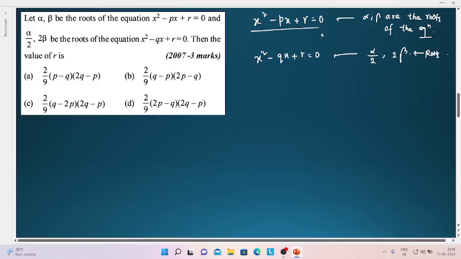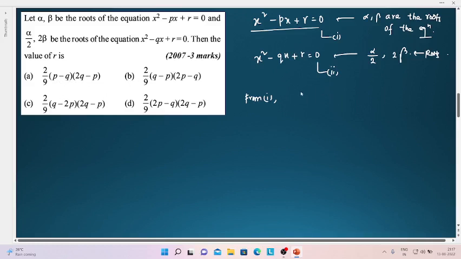If I write the first equation as equation 1 and the second as equation 2, then from equation 1, applying the relation between roots and coefficients, we have to find the value of r in terms of p and q, as the options are in terms of p and q.